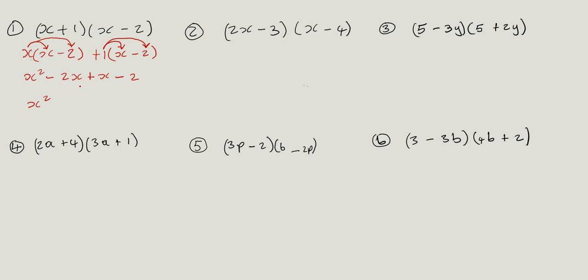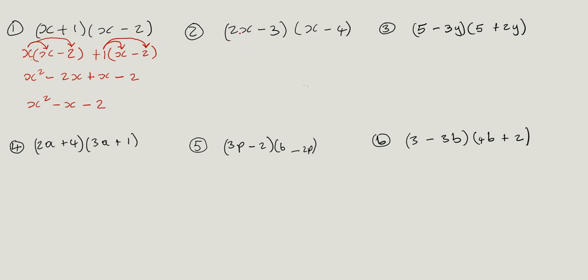So minus 2x plus x, that's going to give us minus x. And we only have one constant in this expression, so we write it back, which is just minus 2. And we are finished.